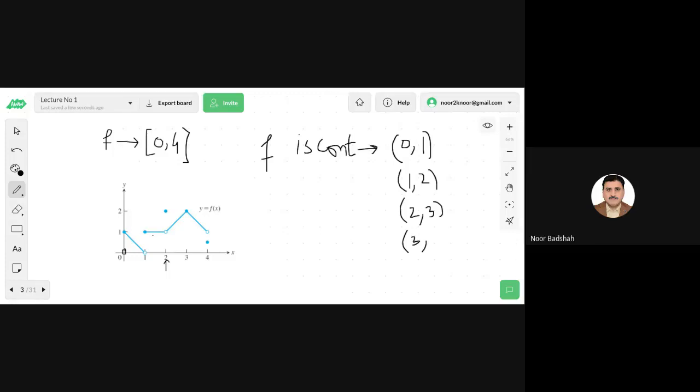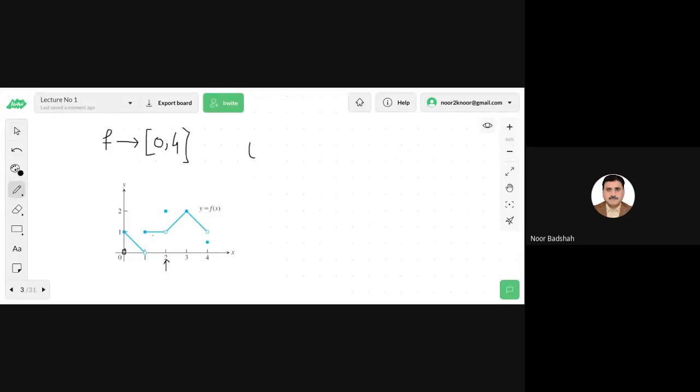Right? Because as I said earlier, there are straight lines, and there is no jump, no hole in it, and no corner or something. So we say this is continuous everywhere. Now we check at the points 0, 1, 2, 3, and 4, whether the function is continuous or not.